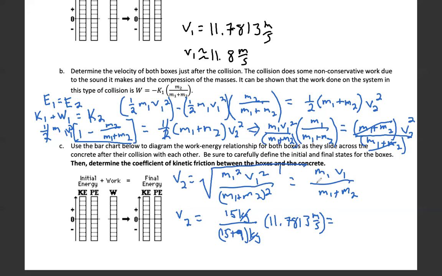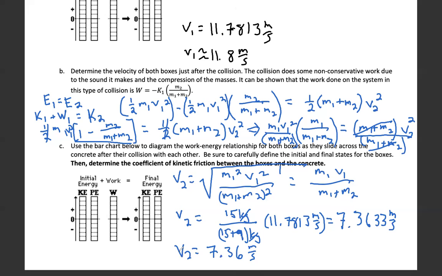This is going to be 7.3633 meters per second, which we're just going to report as v2 equals 7.36 meters per second, the same thing Mr. Woodward had. He might have been off by a slight decimal, I think he was using 11.8 instead of 11.7 or something like that.